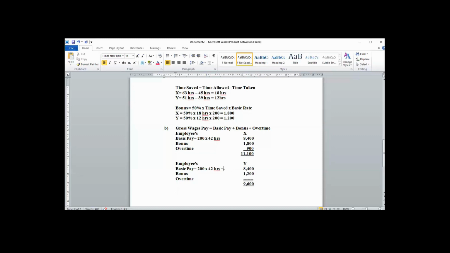So there's no overtime, because he worked less than the hours. Is that clear? Okay, so that means we did not calculate any overtime.